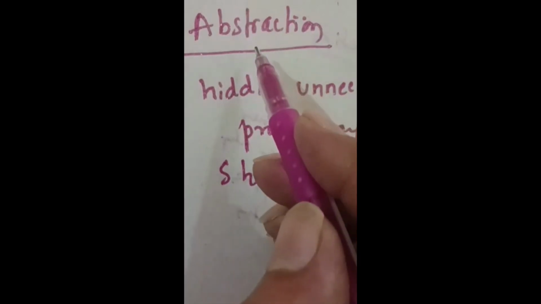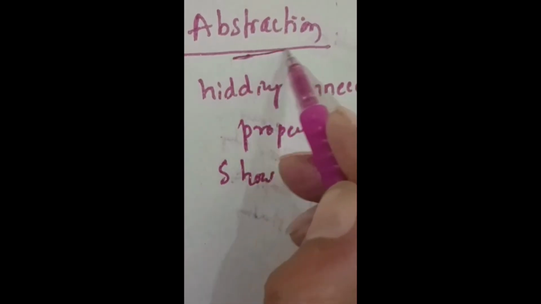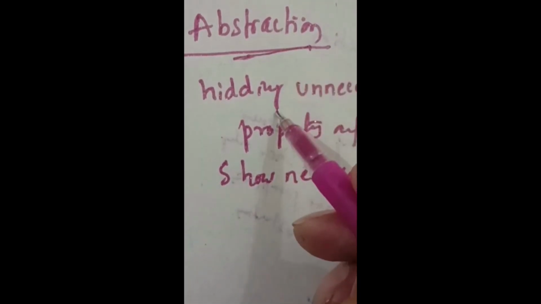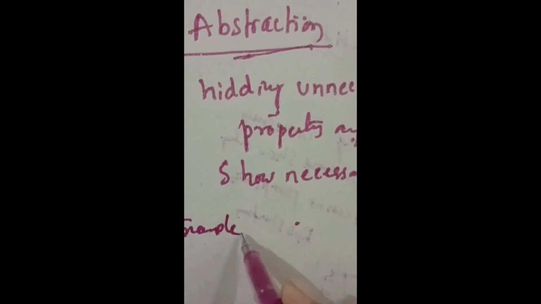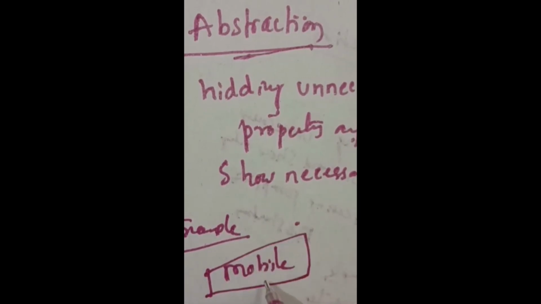Hi friends. Today our topic is abstraction. Abstraction is hiding the unnecessary properties and showing the necessary properties. Example, smartphone, mobile phone. Most of the people nowadays use the mobile phone. All the people just operate the phones.